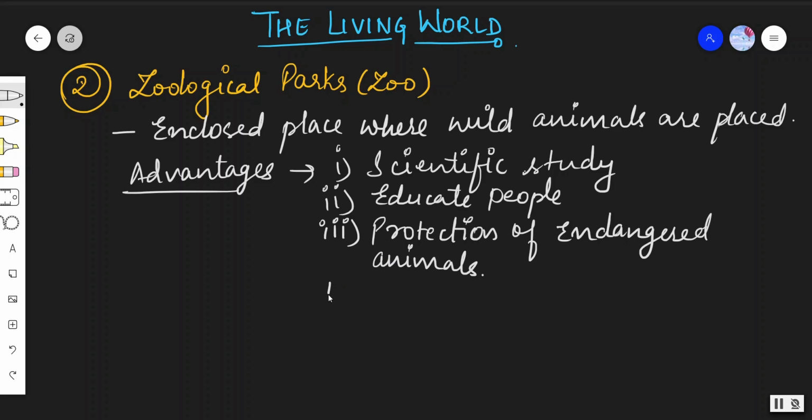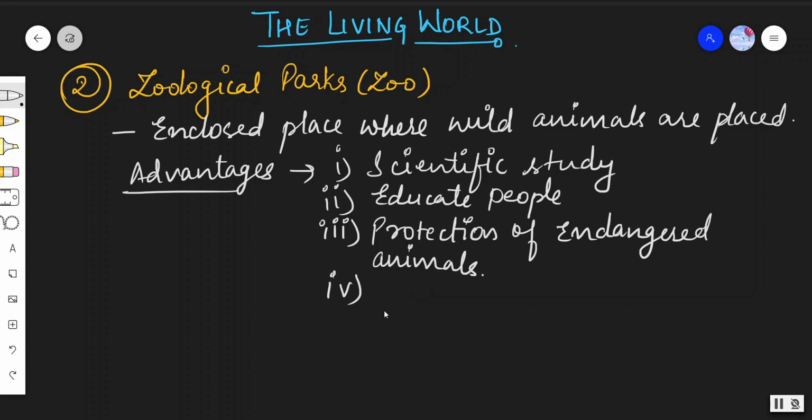Endangered animals are those at the edge of, or at the line of extinction. Their species are not remaining in huge numbers due to some environmental reasons, biotic or abiotic reasons.